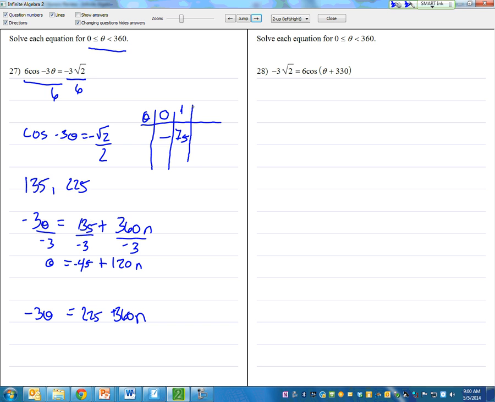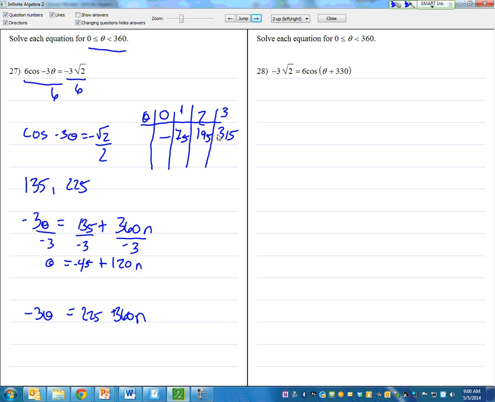Let's plug in 2. 2 times 120 is going to give us 240 plus a negative 45, which gives me 195. And let's plug in 3. Well, 3 times 120 is going to give us 360 minus 45, which is going to give me 315. Okay, so those are my values. Now if I plug in a number bigger than that, I'm going to be bigger than 360, so I'm going to stop at 3.